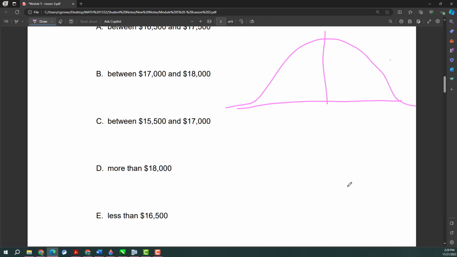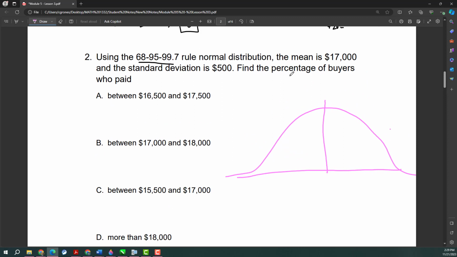So it says that our mean is 17,000. I'm just going to put 17K. And then we have a 1, 2, 3 standard deviations above, and then 1, 2, 3 standard deviations below.